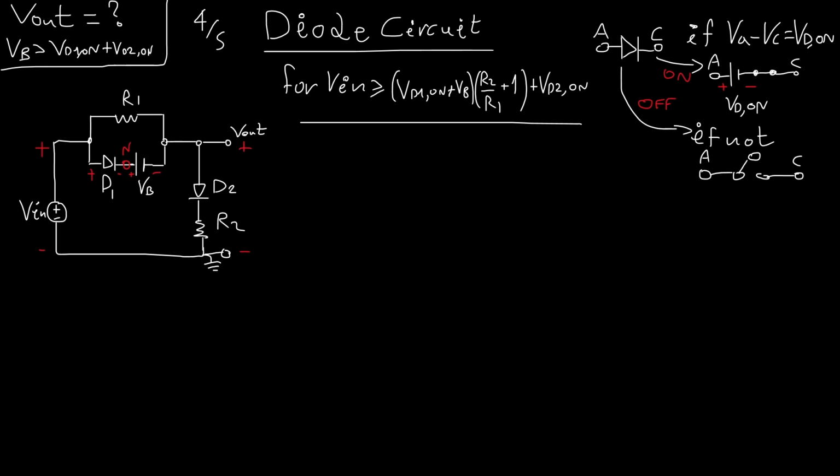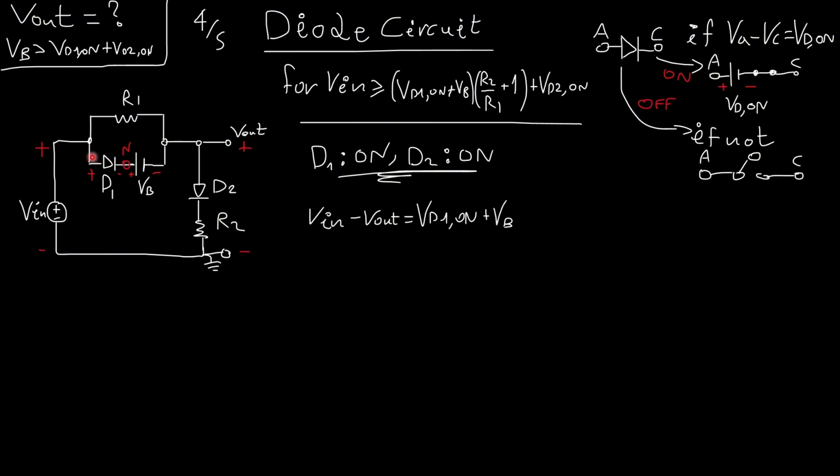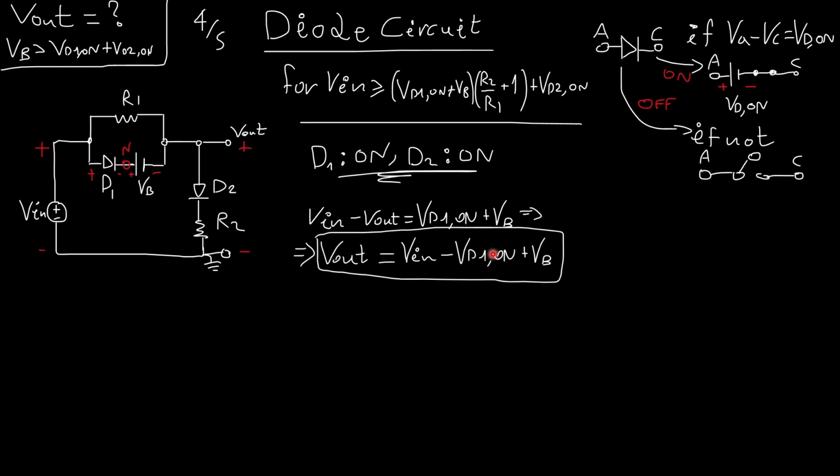So when we reach that point, both of these diodes are on, Vin minus Vn must be equal to Vd1 on, therefore Vin minus Vout must be equal to Vd1 on plus Vb. So Vout is this in relation to Vin, same as Vin minus the voltage of the battery, again this is minus.